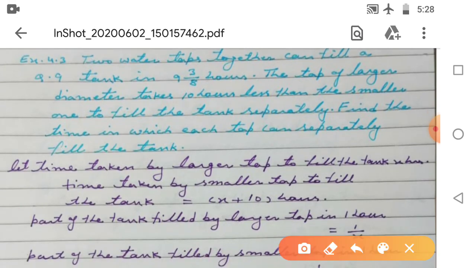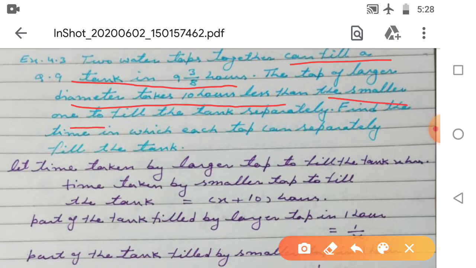And the question is, two water taps together can fill a tank in 9 3/8 hours. The tap of larger diameter takes 10 hours less than the smaller one to fill the tank separately. Find the time in which each tap can separately fill the tank.